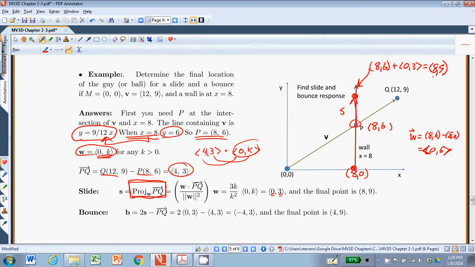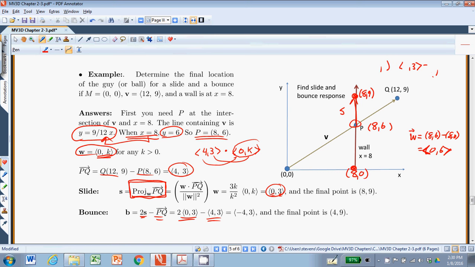And that is actually what we predicted, 8, 9. All right, so far so good. Now to get the bounce, I have to take 2S minus PQ. I have my S right there, so I have 2 of those. Minus PQ, I already figured out what that is.